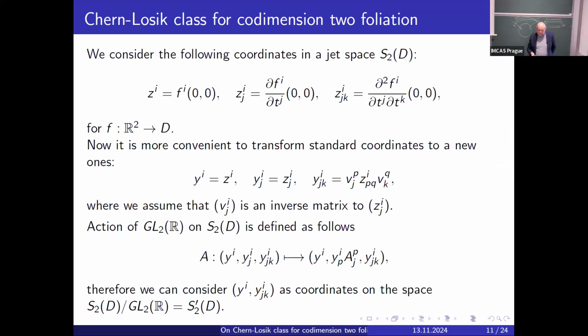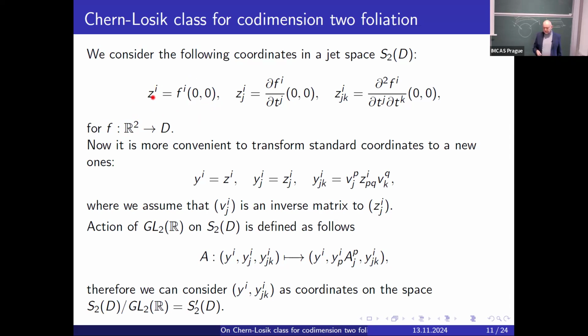Okay, and how to define the Chern-Losik class in this situation? So now we need to consider the space of jets of maps F from R2 to D. And so we have the following coordinates. First of all, two coordinates Z1, Z2.